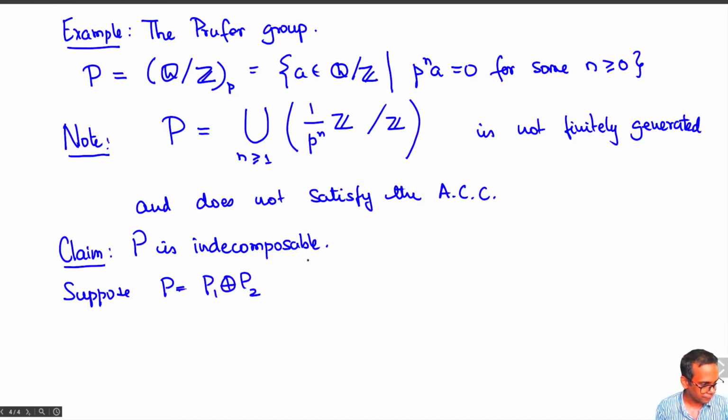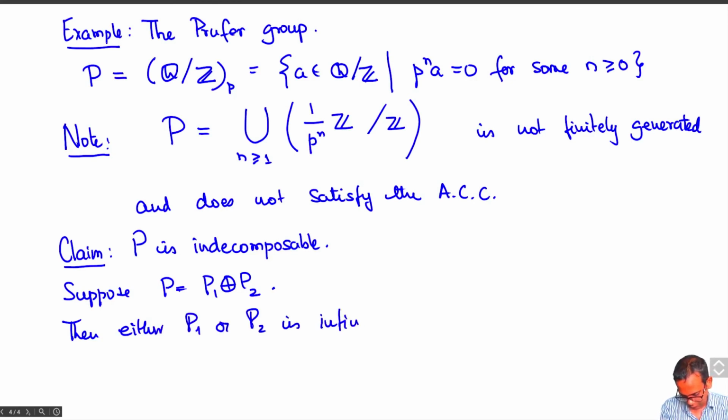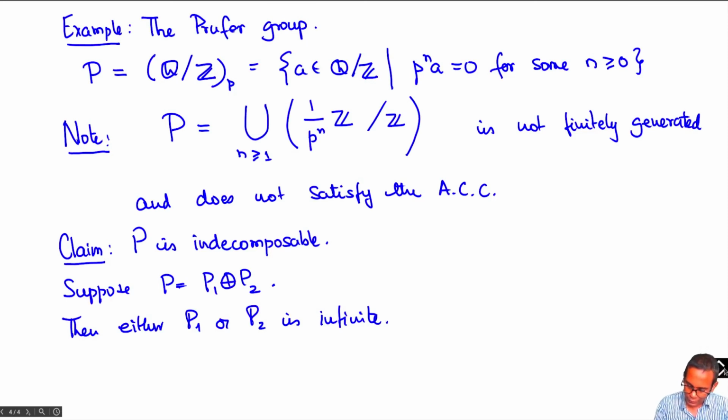So how to show that one of them is equal to P? Now if P is P1 plus P2, we cannot have that both P1 and P2 are finite, because then P would be forced to be finite, but it's clearly infinite. So then either P1 or P2 is infinite. And I'll show that whichever one is infinite is going to be all of P, and the other one has to be 0.